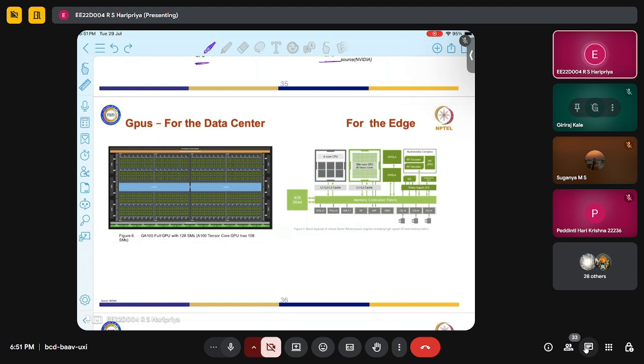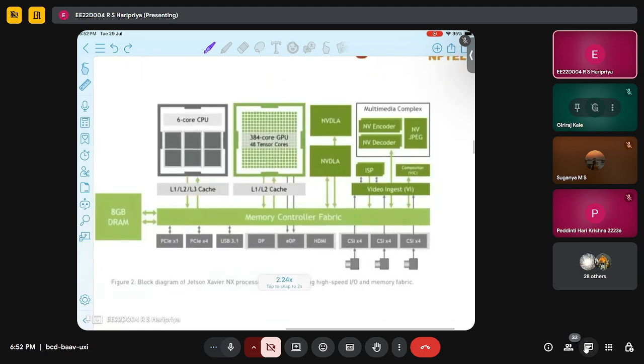For the edge, we decide how many cores we want for that application, and the connectivity between the CPU and the GPU.